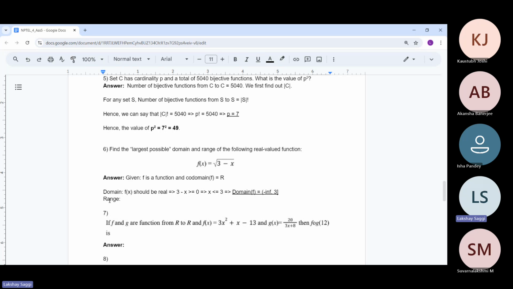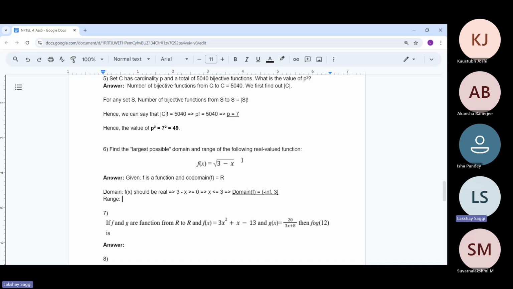And now talking about the range. The range is nothing but all possible values over the domain, right? So if x is equal to 3, then this takes the value 0. Similarly, for any value greater than 0, what I'm claiming is that any positive real number will lie in the range of f.